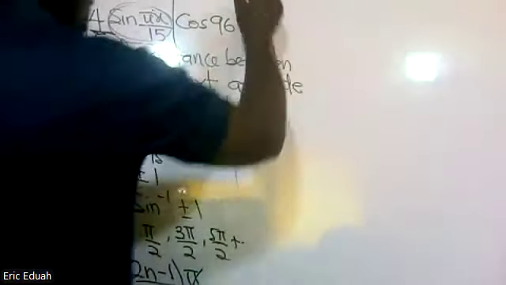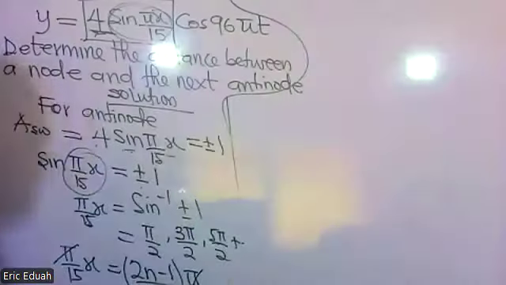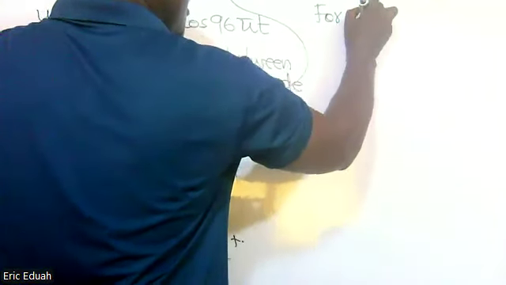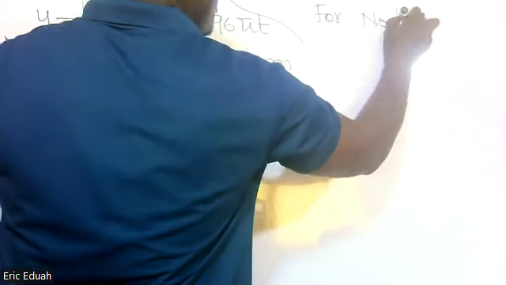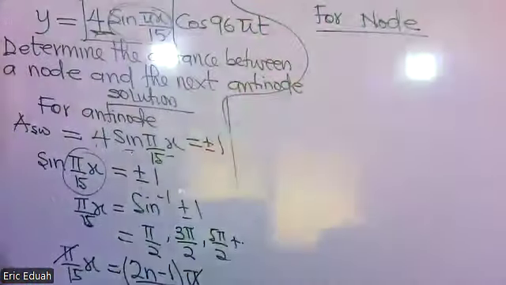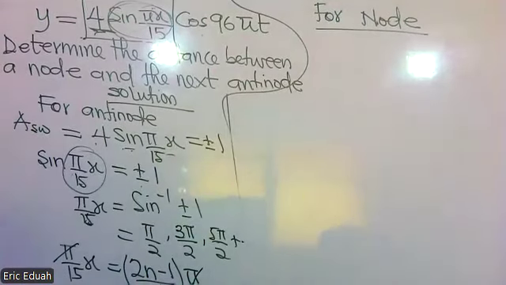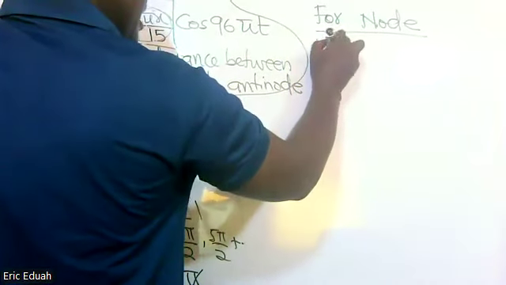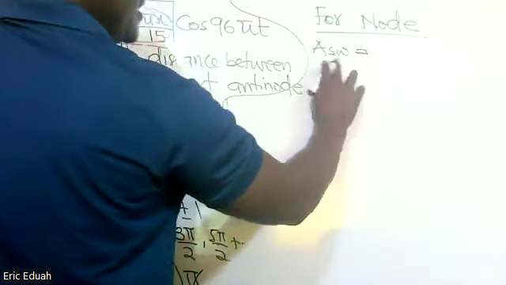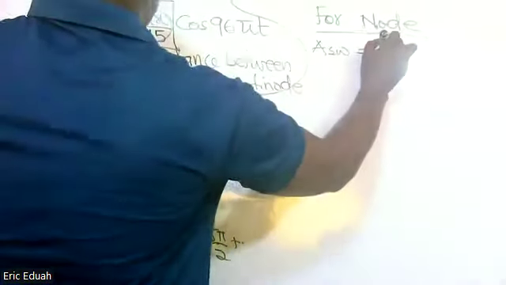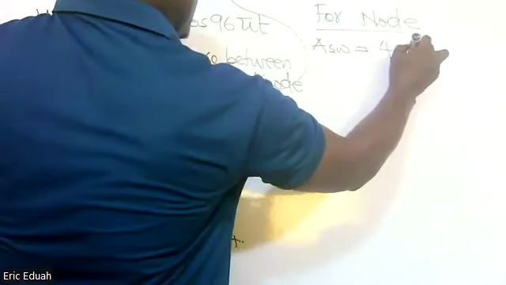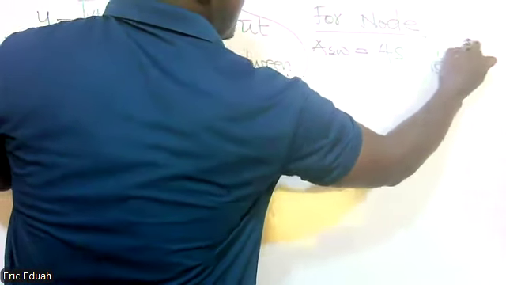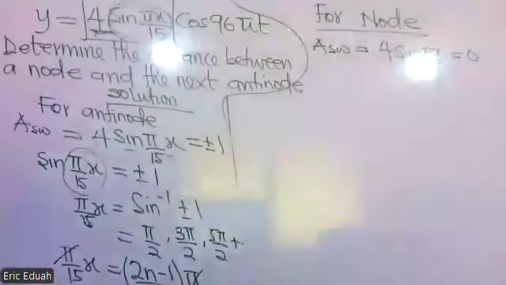For node, the amplitude function of the stationary wave, which is 4 sine pi x on 15, must be equal to 0.